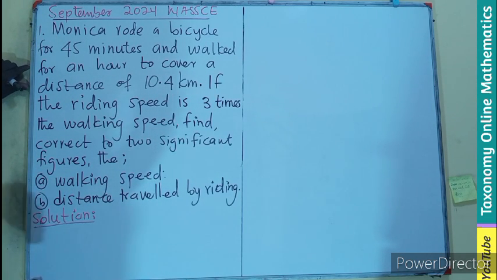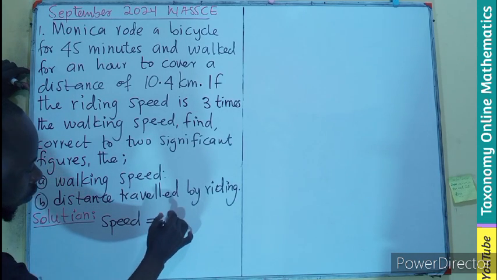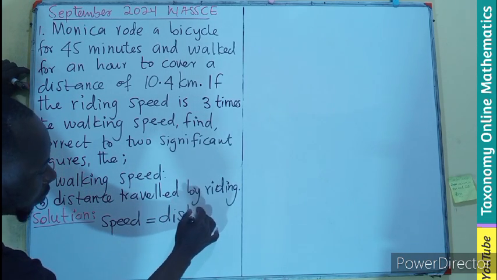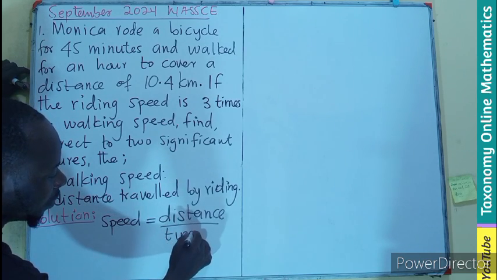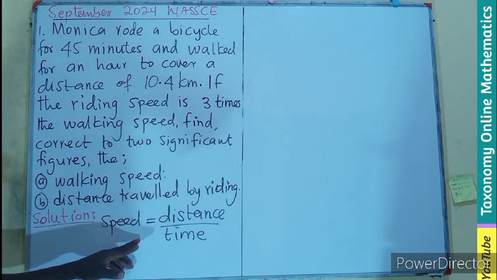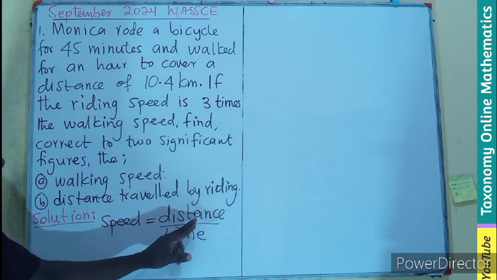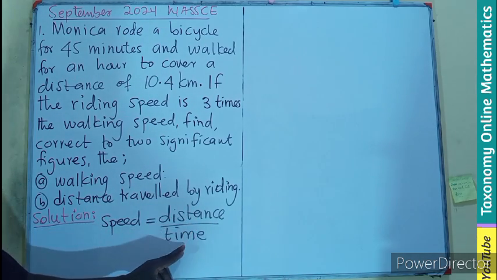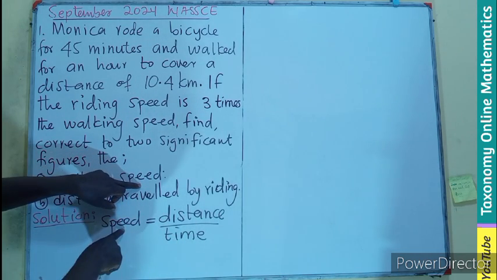First thing, we know that speed is equal to distance divided by the time taken. In the same vein, if I am going to find the speed, I need the distance divided by the time. So let's see. We are looking for walking speed.